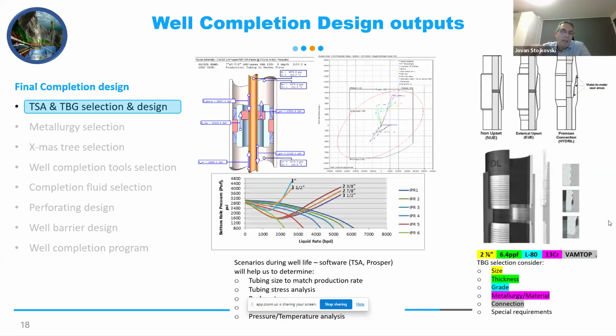If you have any special requirements, for special wells where we need, for example, internally coated tubing, or vacuum insulated tubing if we have a really hot environment, then this is additional stuff which you need to include.